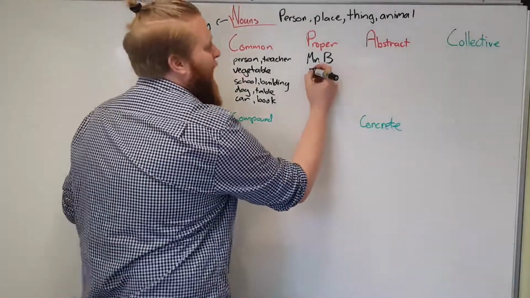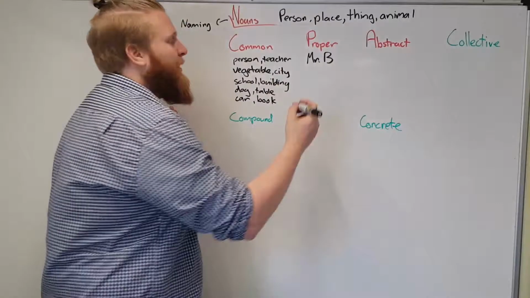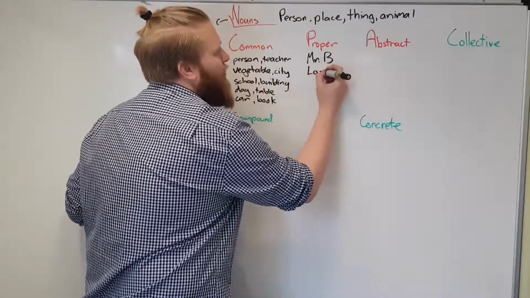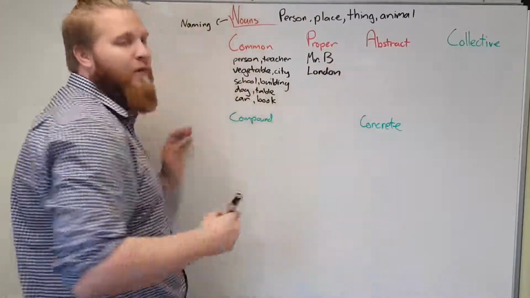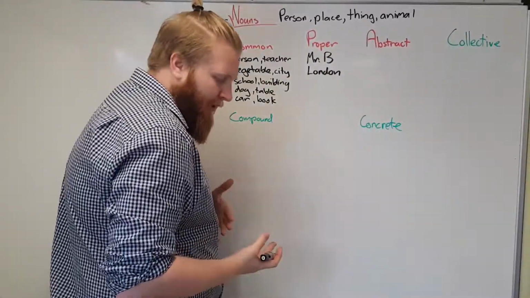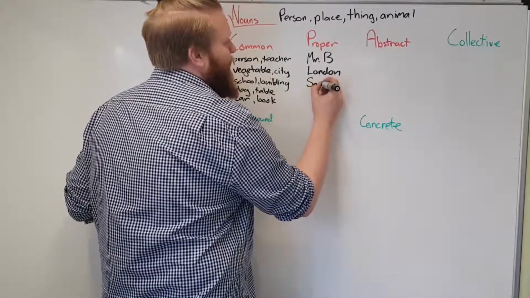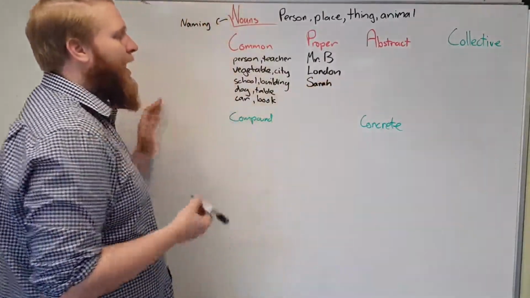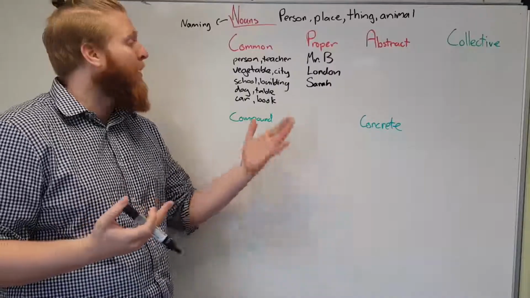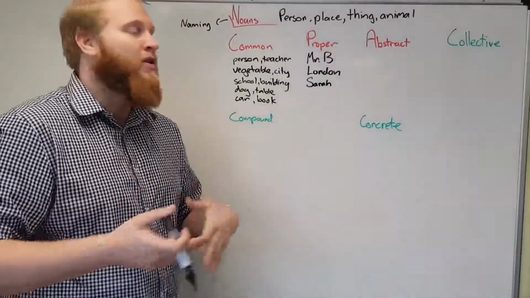Same with city as a common noun. A proper noun, a specific one, would be somewhere like London. It's the name of a specific city. Lots of different ones we could have there. Names, like Sarah, the first one to pop into my head, don't know why. When we're talking about specific things, then we use them.